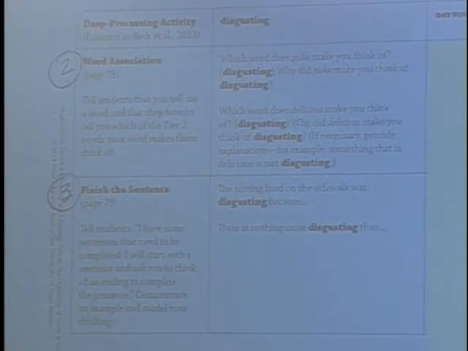Come up with a word association activity for the word nervous. A word association example for the word nervous. One share, and then I show mine, and then we move on.